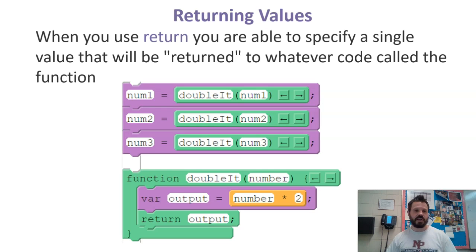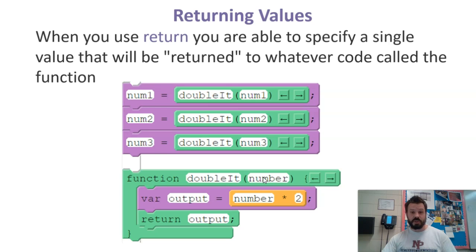So like we just said, when you use the return, you're able to specify a single value that will be returned to whatever code called the function. And kind of why we name it the way we do is if we're running through this code, when JavaScript gets to this line, num1 gets double it with a parameter num1 passed in, it's going to go find that function call, double it here.